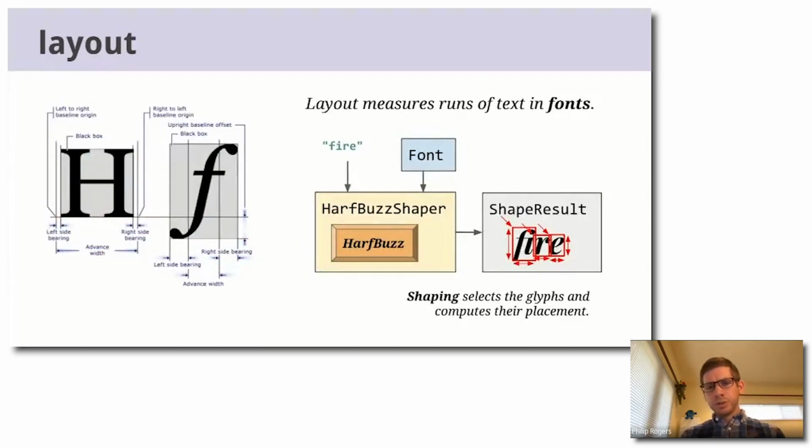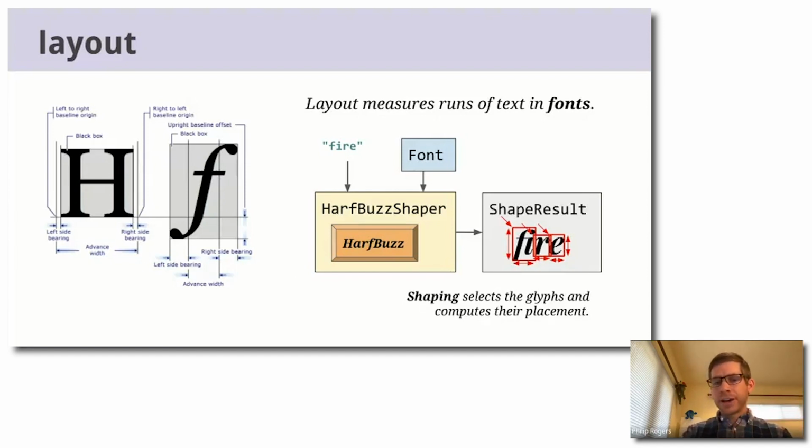Okay, so to do layout, you need to measure text. And to do that, there's this interesting subdiscipline of computer science called text shaping. What this is doing is determining, you have a font, you have some text, but what actual glyphs are used to show that?